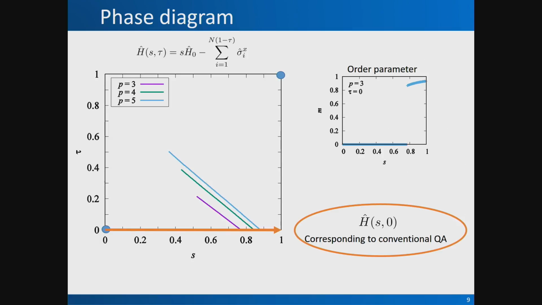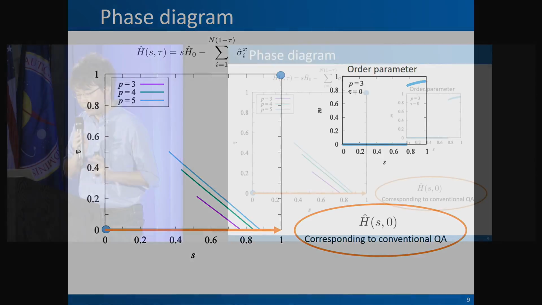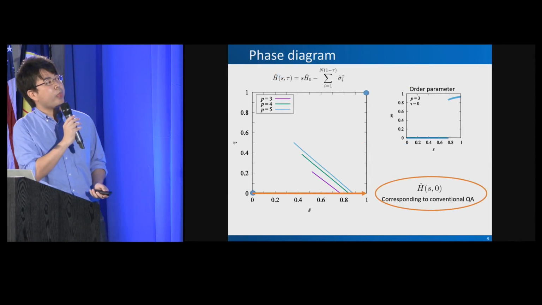This arrow shows the path when we set tau equals 0, which corresponds to the conventional quantum annealing. I mean, when we set tau equals 0, the transverse field is homogeneously applied to the spins. So it is a similar situation to conventional quantum annealing.